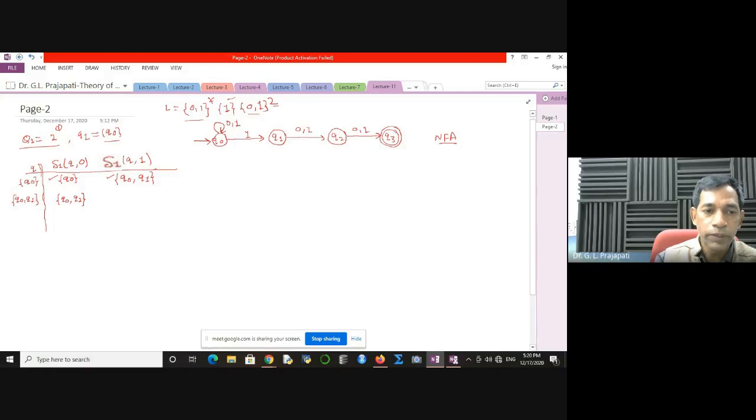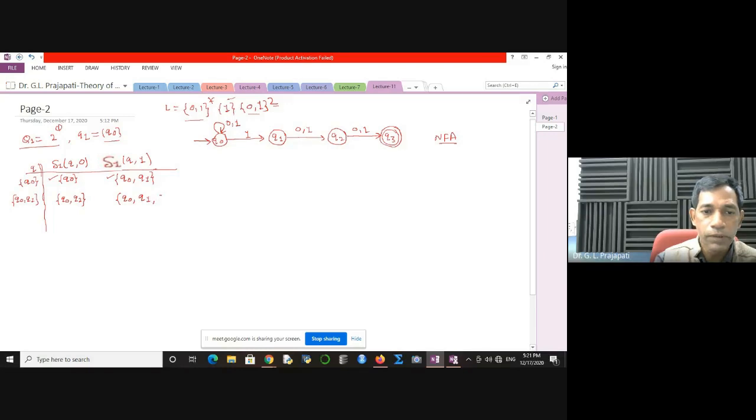Now, if you are at Q0 and your input is 1, your machine can go to either Q0 or Q1. If you are at Q1 and input is 1, your machine goes to Q2.